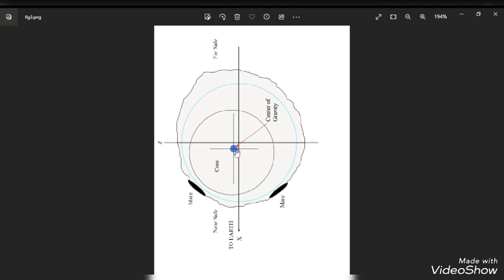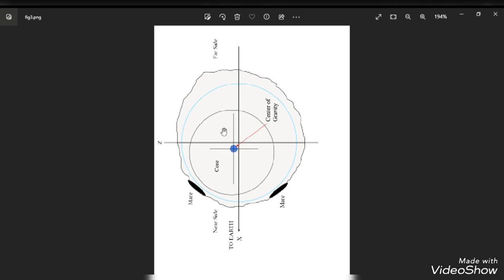And this is the reason that the earth always holds the moon in this position, and the moon is tightly locked because of the center of gravity. That is why we always see one side of the moon.